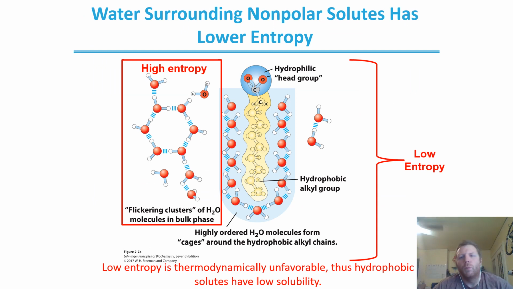Okay, so what we're observing with a nonpolar substance compared to a polar substance is that water is going to surround those nonpolar solutes, and that's going to give you a very low entropy compared to a high level of disorder where you have all these water molecules floating around one another. So low entropy is thermodynamically unfavorable.